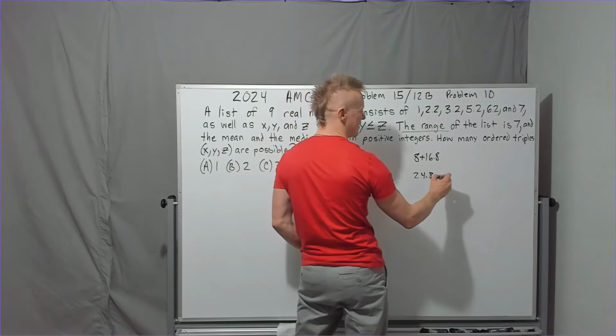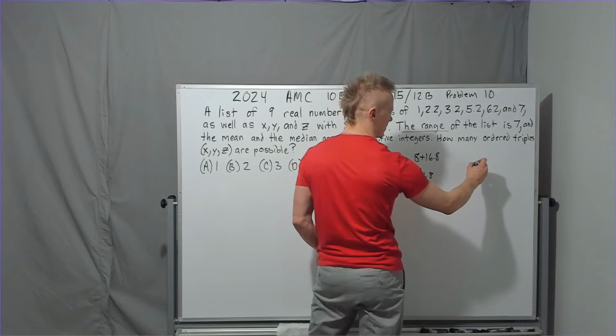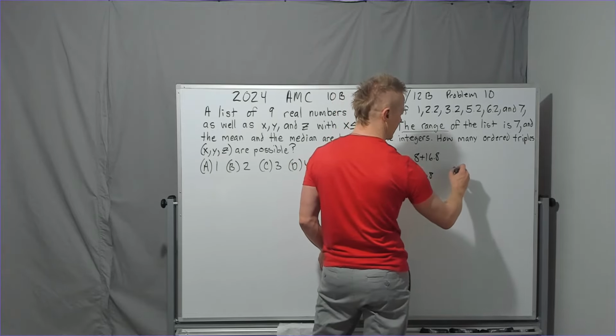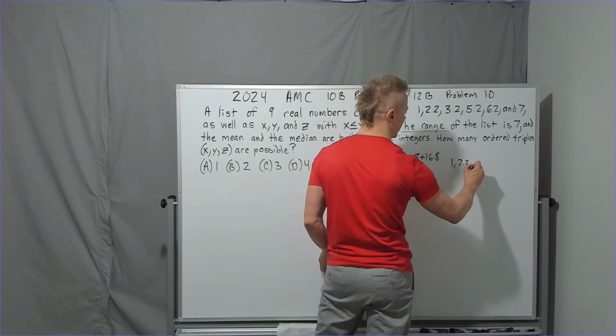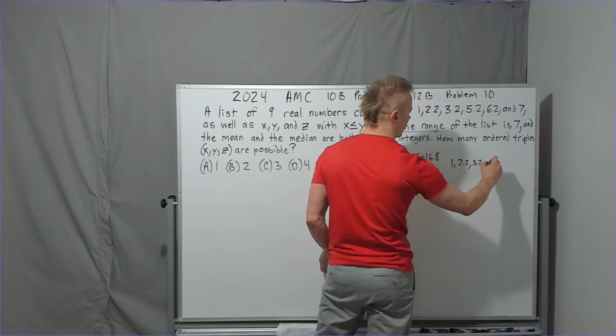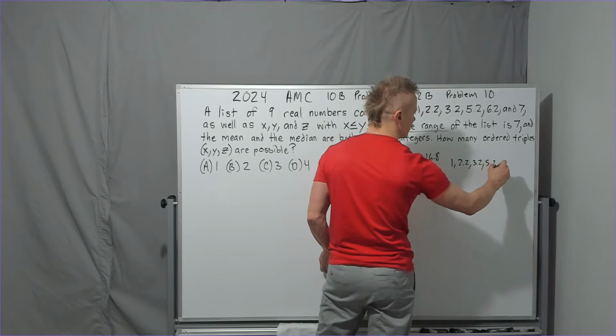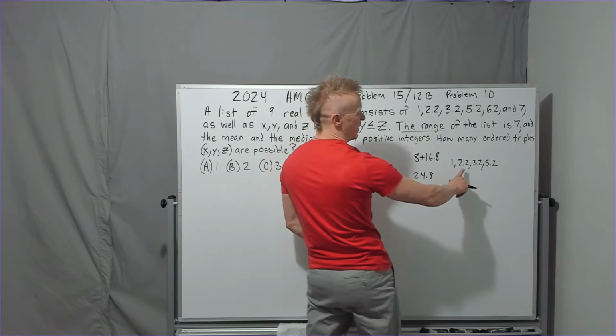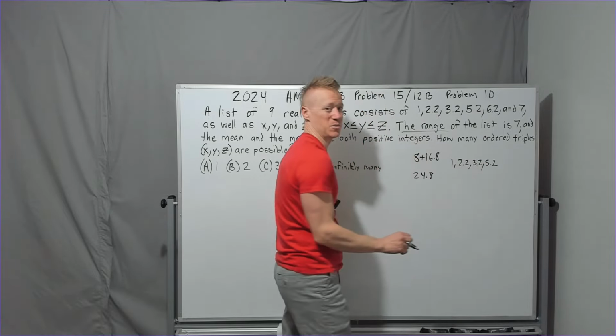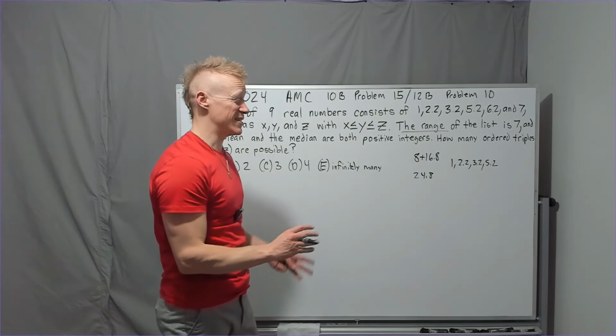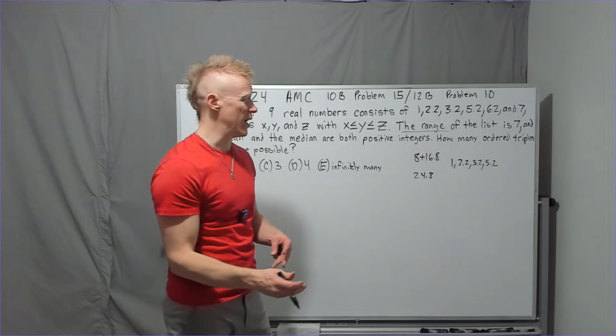Now, if we add the z value as 8, so I'm going to have to write these, aren't I, to kind of keep track of what's going on. 2.2, 3.2, 5.2. By the way, the next number needs to be your median, which means it's either x or y.